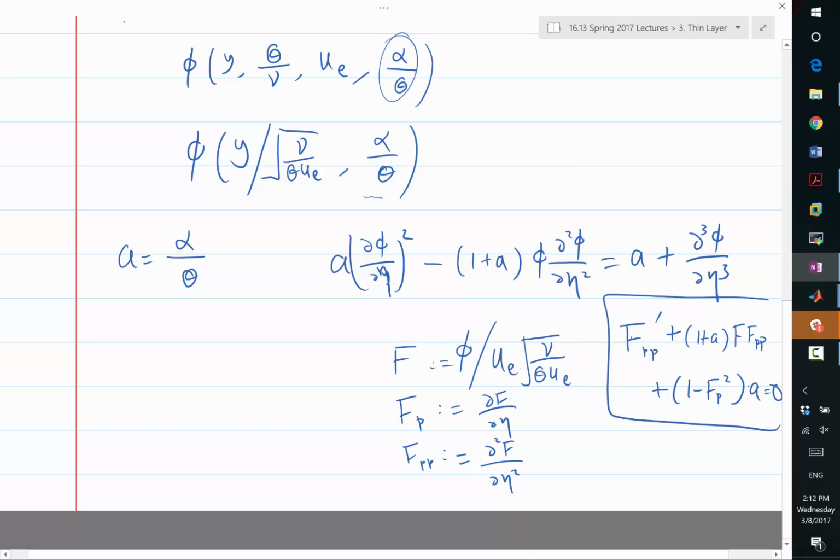So that's the new equation we are having. All right, so this is the additional term that comes out from here and here, and there is 1 plus a inside the f times fpp.